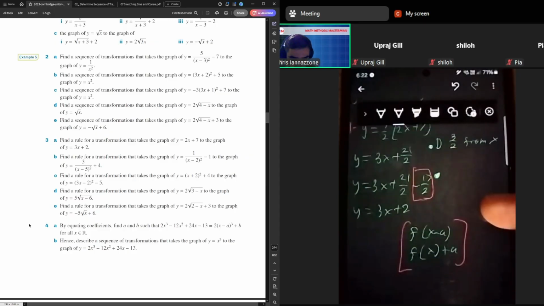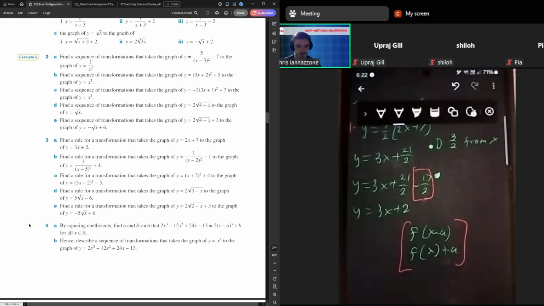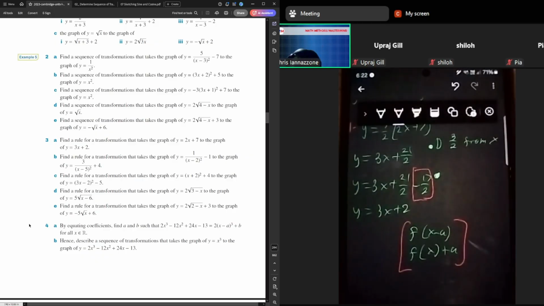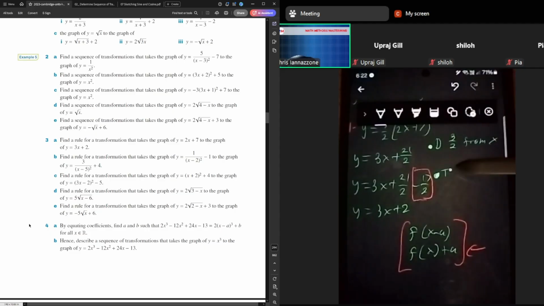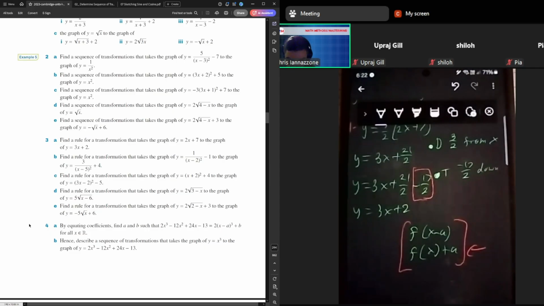Which of those scenarios that I wrote out seems a bit more applicable to what we just did here by putting a minus 17 over 2 where we did? Second, yeah, correct. So this one here, what do we call that as far as transformations are concerned? The translation by 17 over 2 units in the negative y direction. Correct, yeah, exactly right. So this will be translate 17 over 2 in the negative y direction.